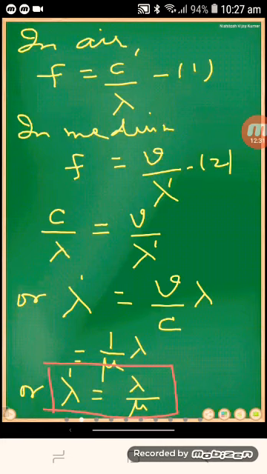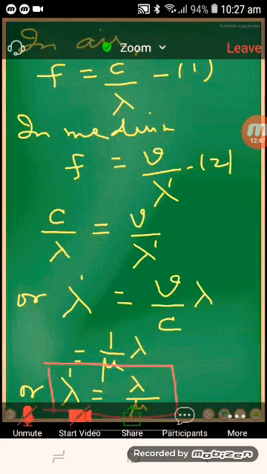In other words, you can say that the wavelength is inversely related to the refractive index, which means that if the refractive index is more, the wavelength is going to decrease. If the refractive index is less, the wavelength is going to increase.